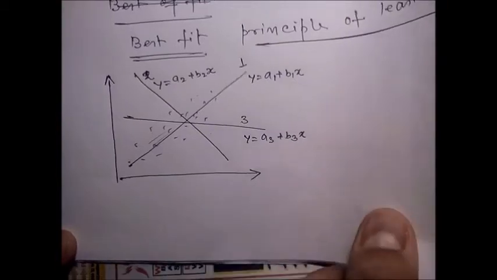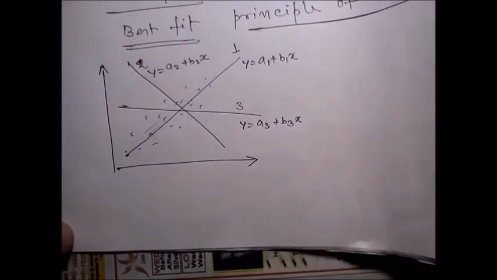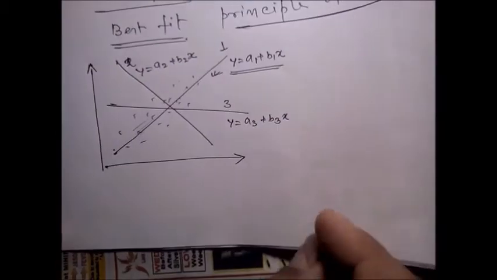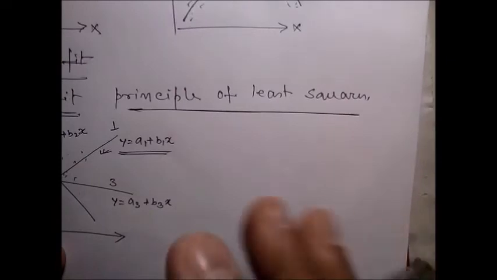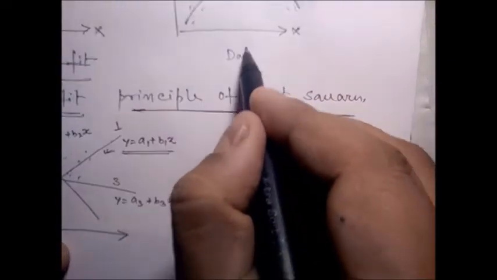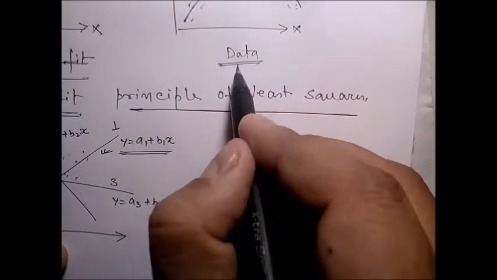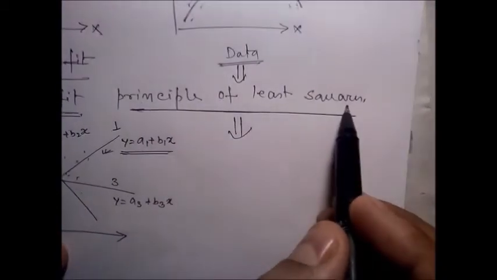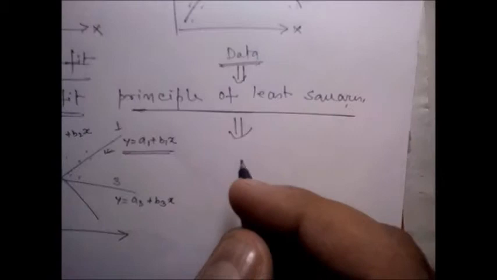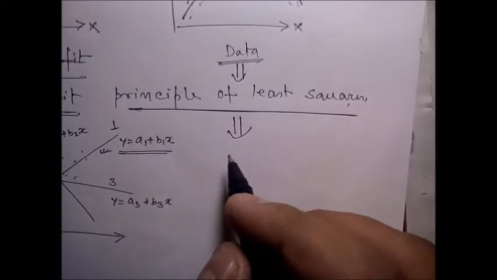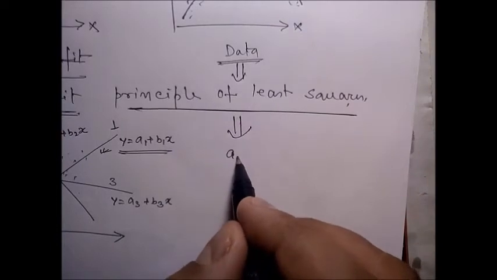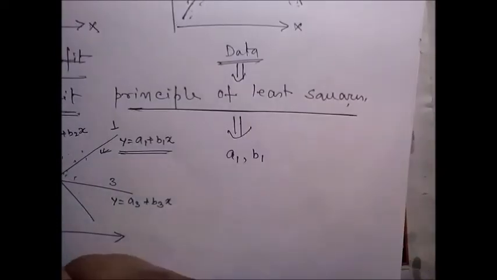So which one is the best fit line? The best fit line is this one, and the equation is this. So our aim is, we have a data. From the data we apply the principle of least squares, and with the help of this technique we can identify a1 and b1.